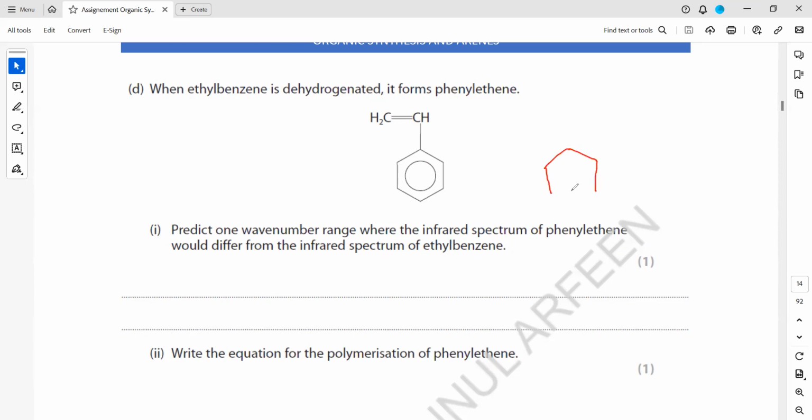So this was ethylbenzene. C2H5 means this will be CH2, this will be CH3. So which wavenumber is different? You can use the data booklet. As you can see here, the main difference is the double bond. Here there's a double bond, here a single bond. So check the data booklet for this C double bonded with C and write the wavenumber accordingly.